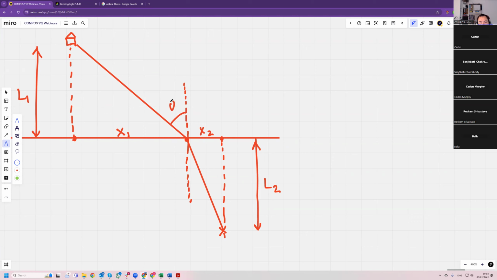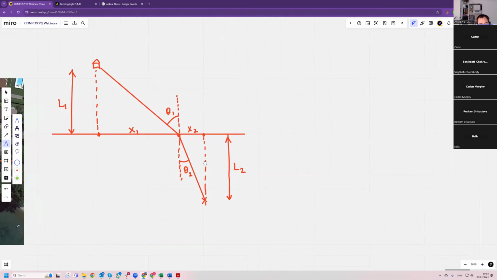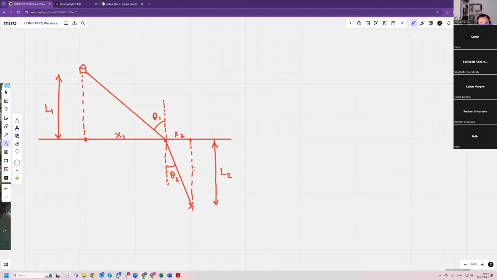Let's call this angle theta 1, and we'll call this angle theta 2. I hope that makes sense. All right, so you walk from your house. Let's call it A, B, C, and D and E. I think that should suffice.